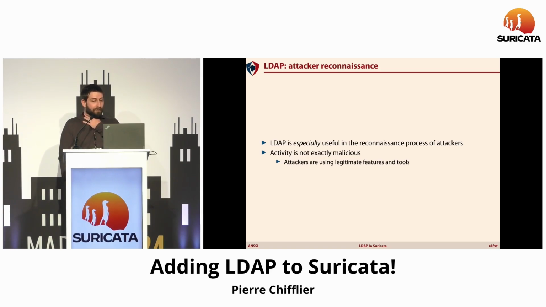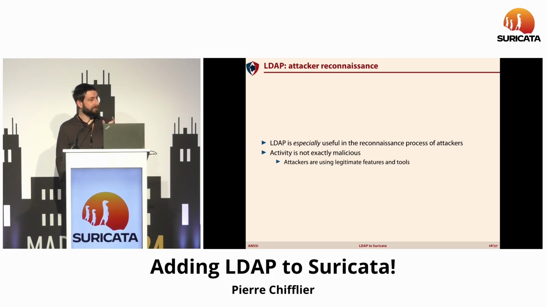So why is it difficult compared to other kinds of detection? It's difficult because, well, the activity using LDAP is not malicious. The queries that will be sent are not specific queries. They are regular queries, something that other users are probably sending at some moment. So we are looking at legitimate activity.